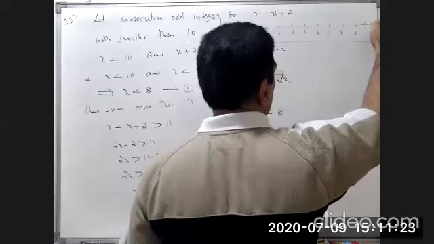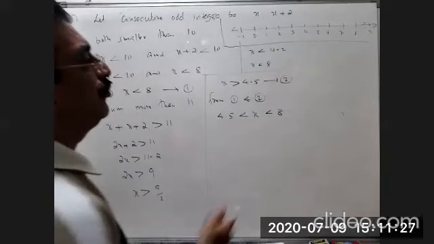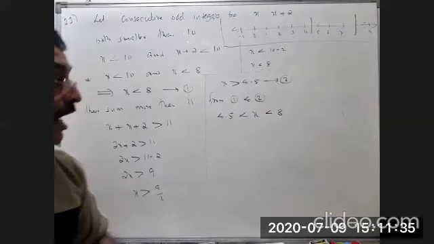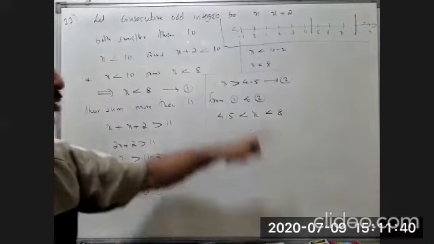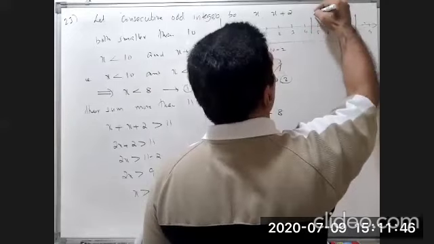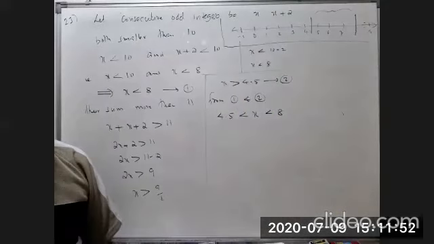See, we said 4.5. 4.5 is between 4 and 5. This is 4.5, and here is 8. Our number lies between these two. What else do we know? X is an odd integer. So between these two blue lines, how many odd numbers are there?